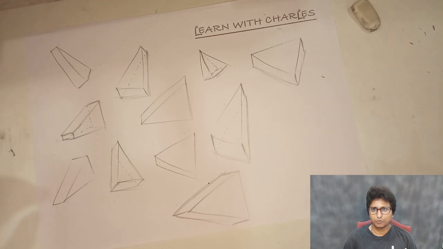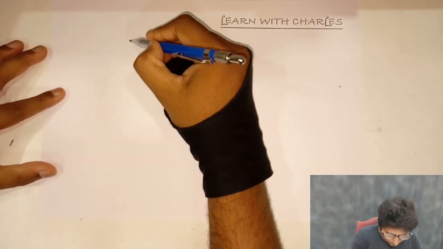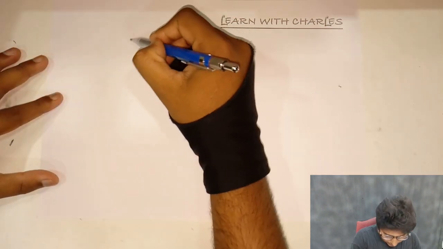Now let's move towards the pyramid shape. So guys, as I said before, there are so many types of pyramid. First of all, let's try with the square, meaning a square pyramid.